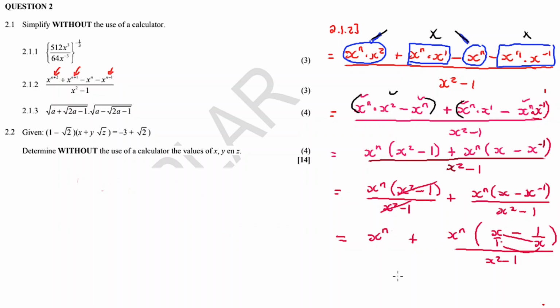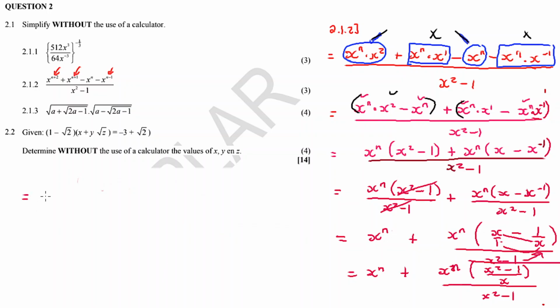So x squared minus 1 equals x exponent n plus x exponent n in brackets x squared minus minus 1, sorry, minus 1 over x, divided by x squared minus 1. Don't get confused: this x squared minus 1 is up there. This one was for the inside bracket.